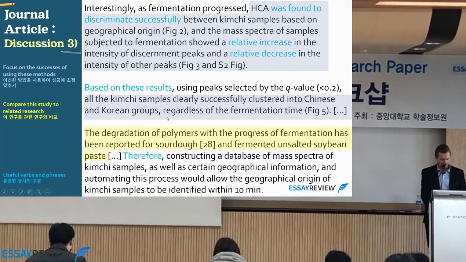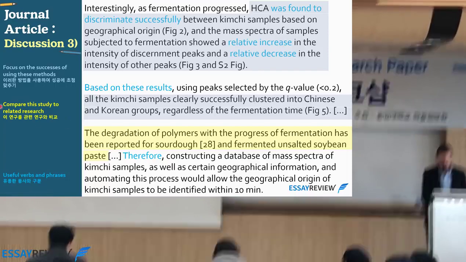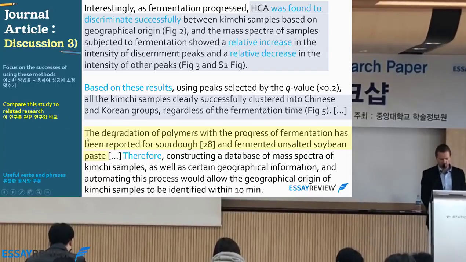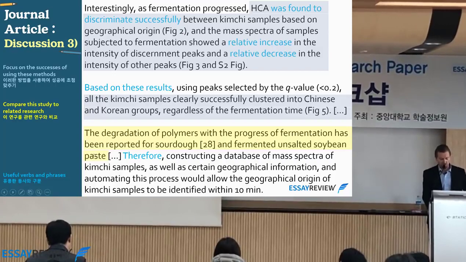And you're comparing, again, this study to related research. The degradation of polymers with the progress of fermentation has been reported for sourdough and other fermented unsalted soybean paste. Therefore, it can be used for other research.